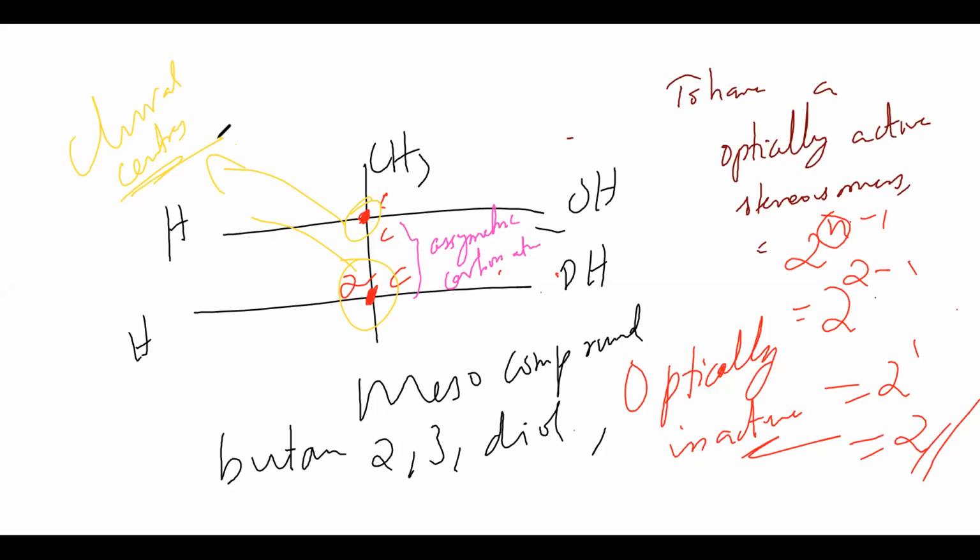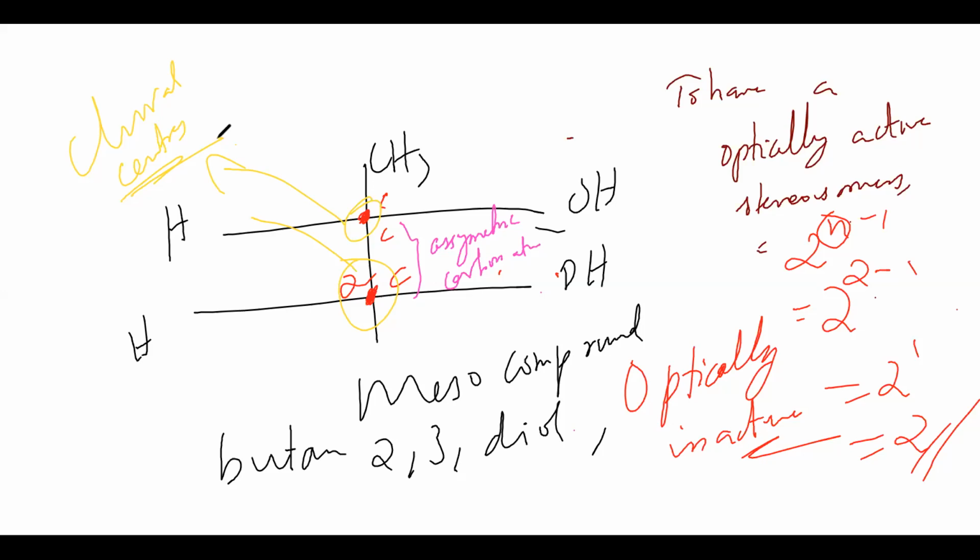Yes, you're correct. If I cut my hand into 2, both halves are not the same, so they are not superimposable. That is called chiral, asymmetrical.